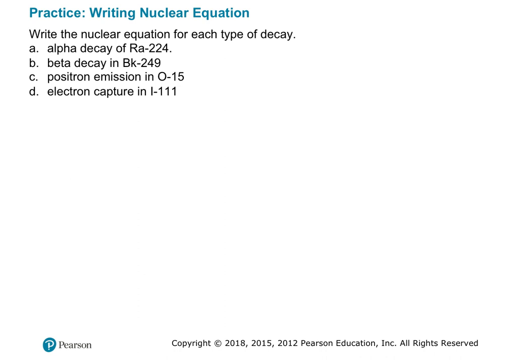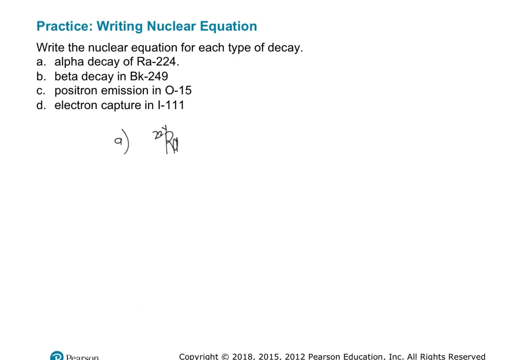So let's practice writing these decays. I want the alpha decay first of radium-224. So we're going to write radium-224, and we want to look on our periodic table to find the atomic number. This is in spot 88.